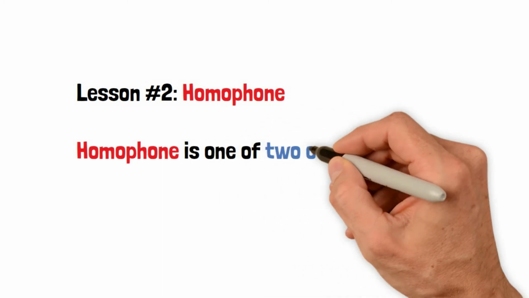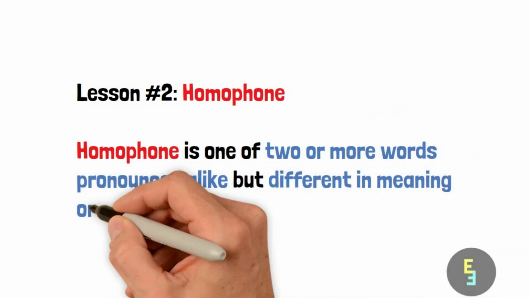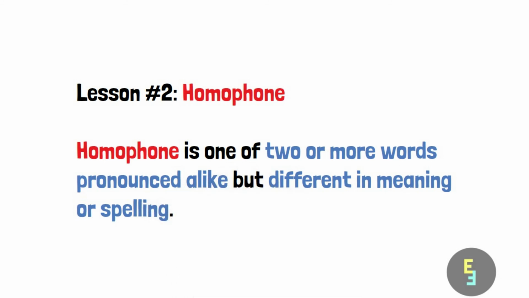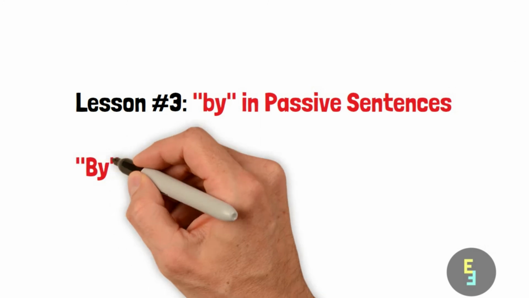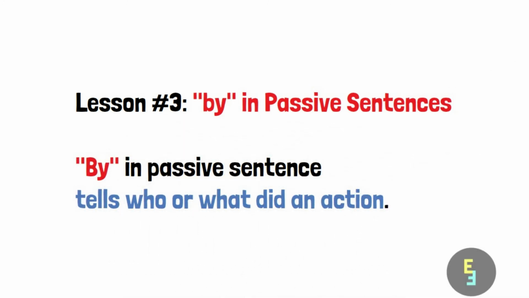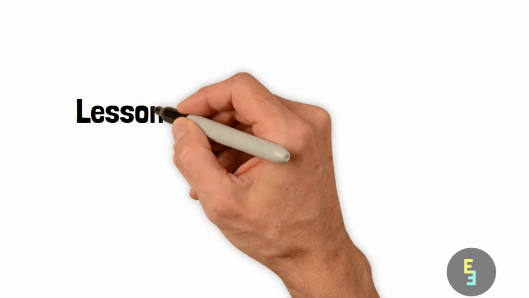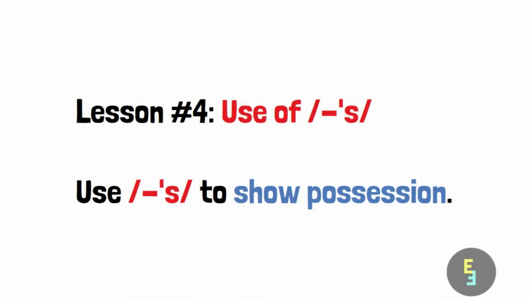A homophone is one of two or more words pronounced alike, but different in meaning or spelling. Third, the use of the word by in passive sentences. The word by in passive sentence tells us who or what did the action. Lastly, we learned that we only put apostrophe s if we want to show possession.